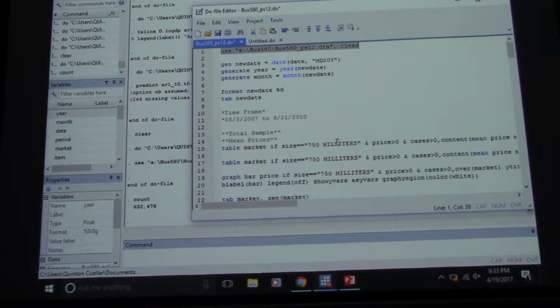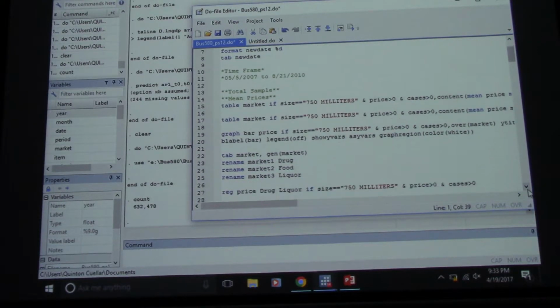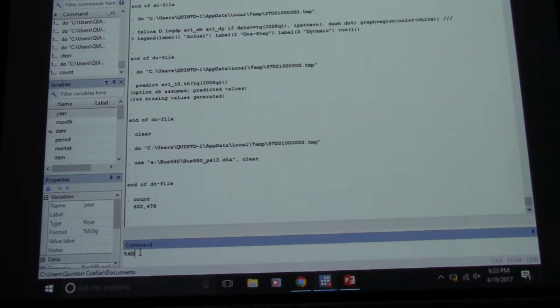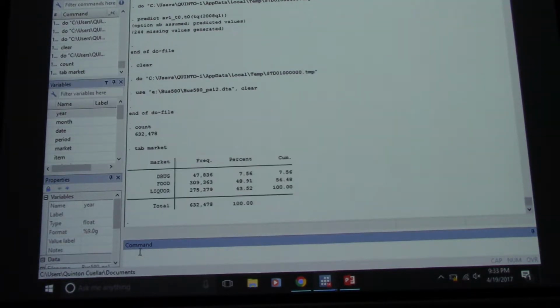All right, so let's cut to the chase. The first variable, market, if we tab market, tells us whether we're food, drug, or liquor.